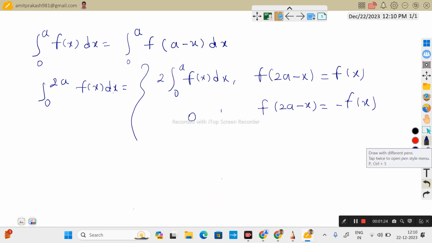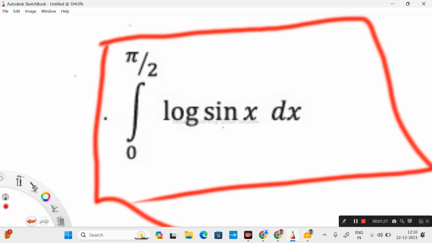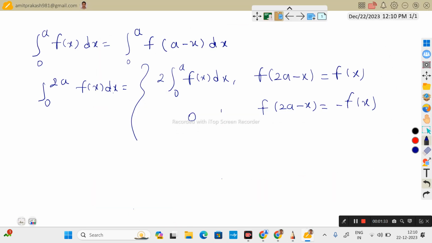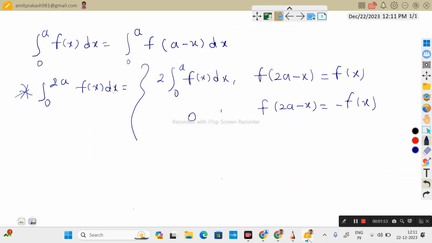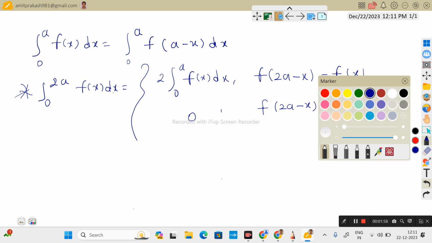We have to solve this definite integration, integral 0 to pi by 2 log sin x dx, but first we are going to explain the second formula in this video, and how we can use it.